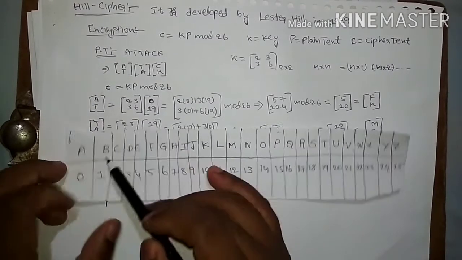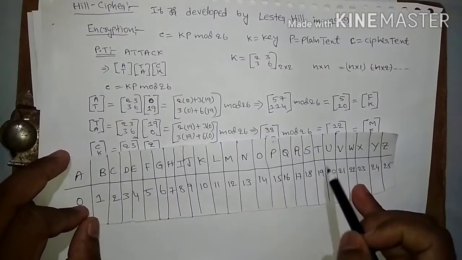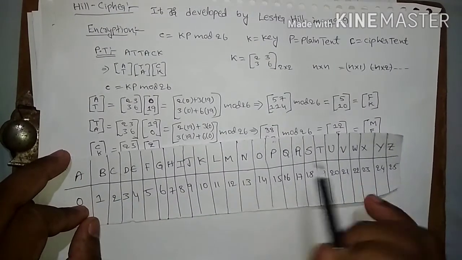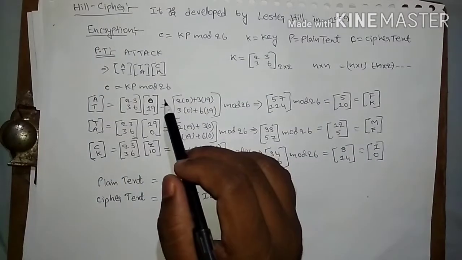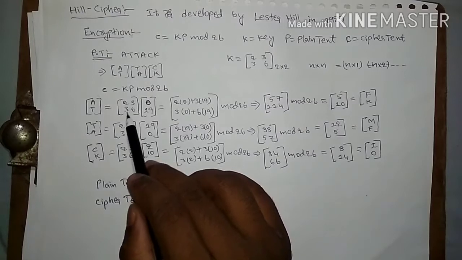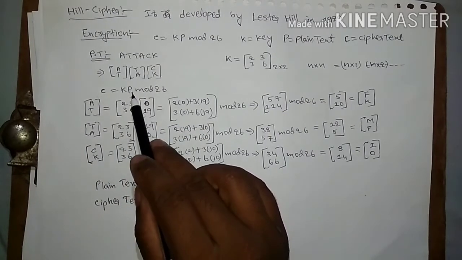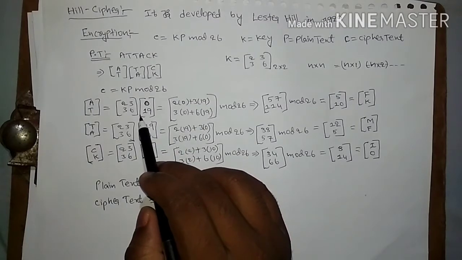A equals 0, and T value is 19. That's why we put 0 and 19 here. K into P: K is 2, 3, 3, 6, and P, the first vector, is 0, 19.